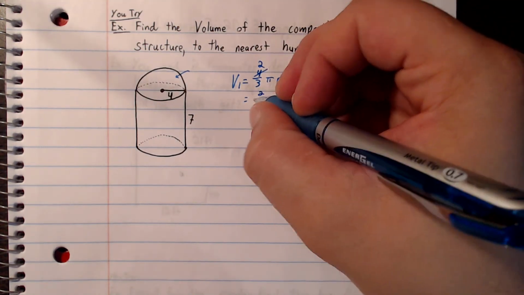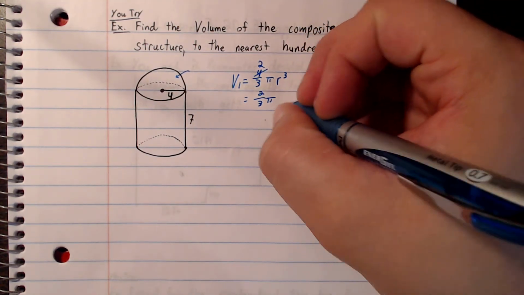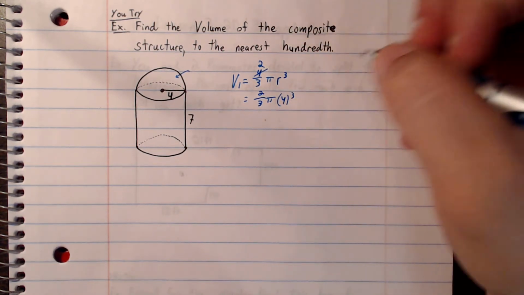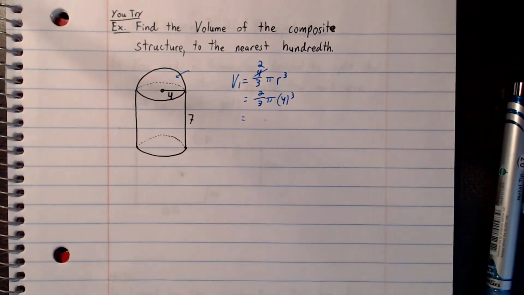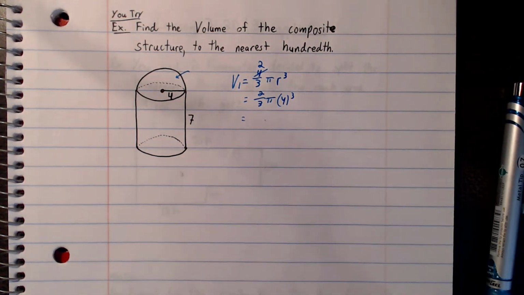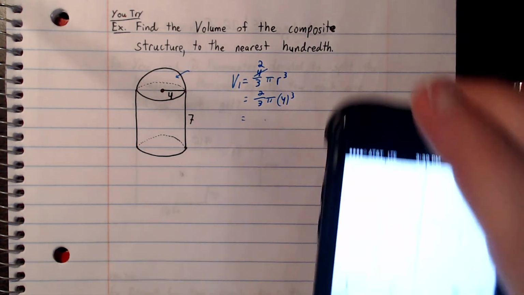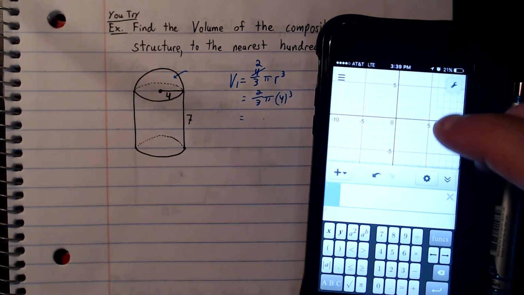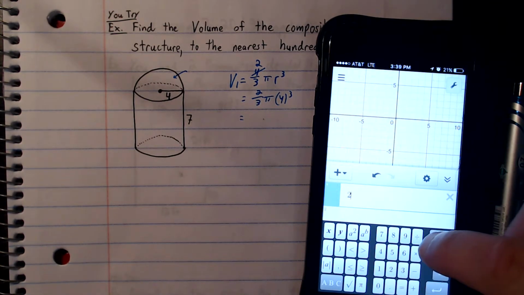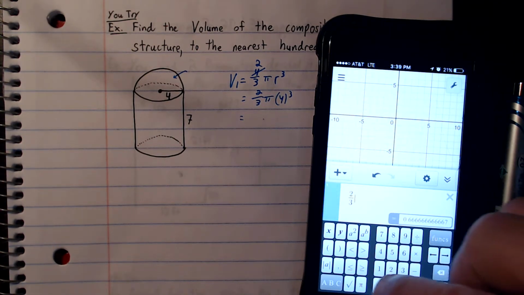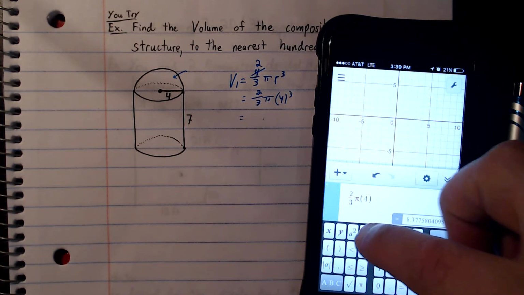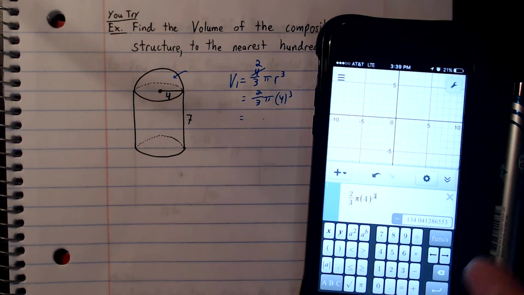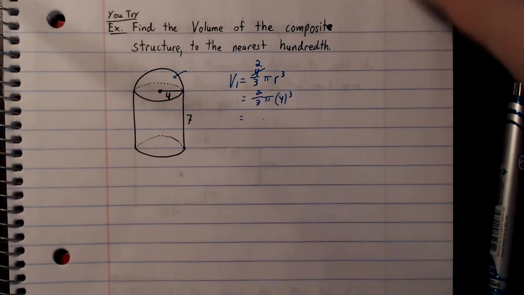So we have 2 thirds pi times 4 to the third. And I'm going to go and type that all into the calculator. Again, if you have decimals, works really nice for this type of problem. 2 over 3 pi times 4 to the third comes out as 134.04.